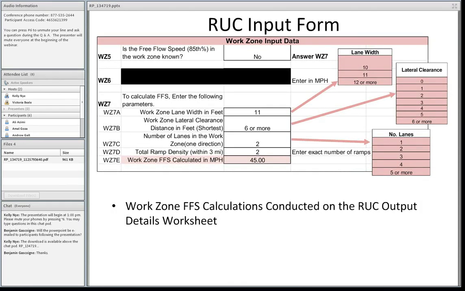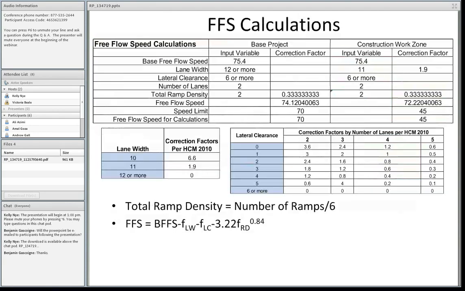In terms of the free flow speed calculations, this is what is shown on the RUC output detail worksheet. And you can see, just like Jacqueline had with the base free flow speed, 75.4 miles an hour. Depending upon whether you have a lane width that's less than 12 feet, you would have a correction factor for that. Lateral clearance, anything less than 6 foot, you'll have a correction factor for that.